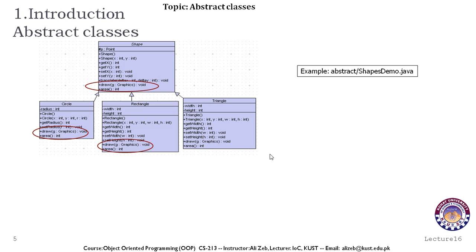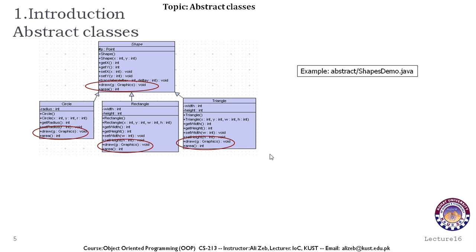So when we call the draw method using an object of the rectangle class, a rectangle should be drawn, and when we call the area method using an object of the rectangle class, the area of the rectangle should be calculated and returned in the form of an integer value.